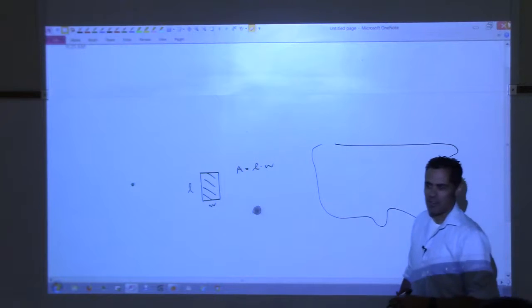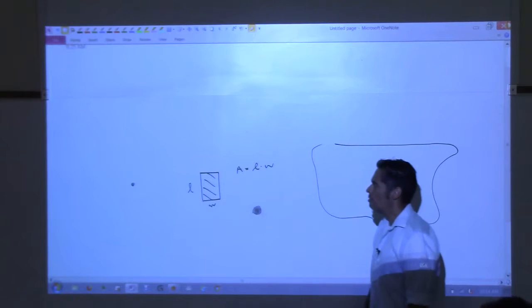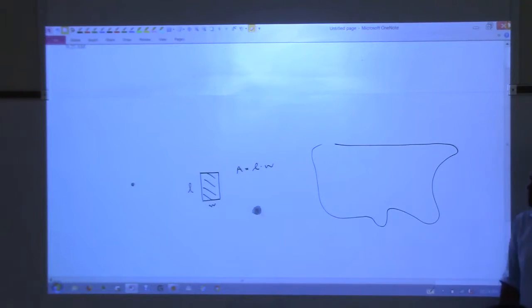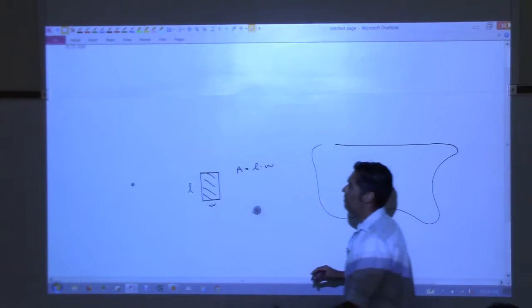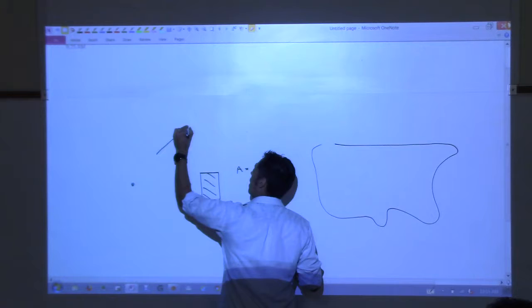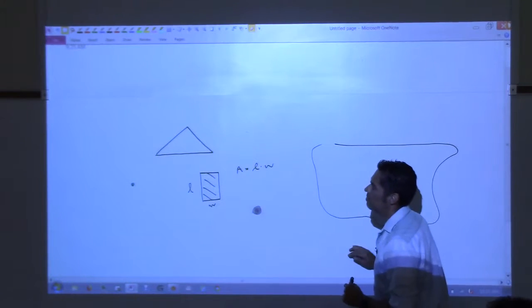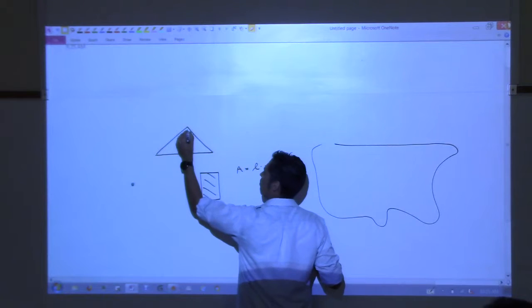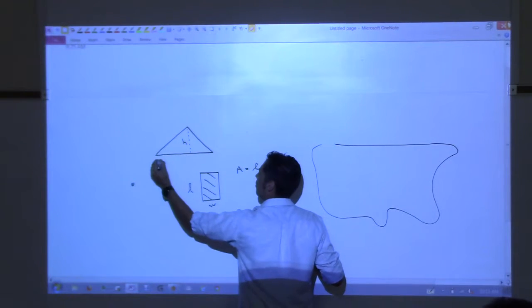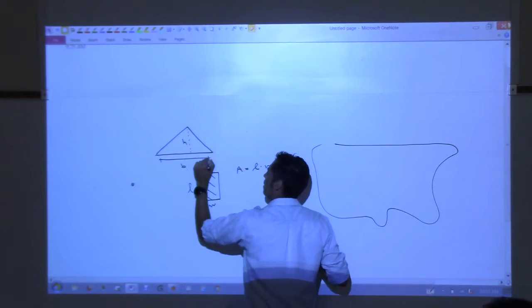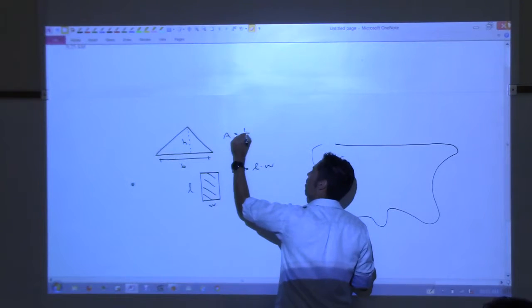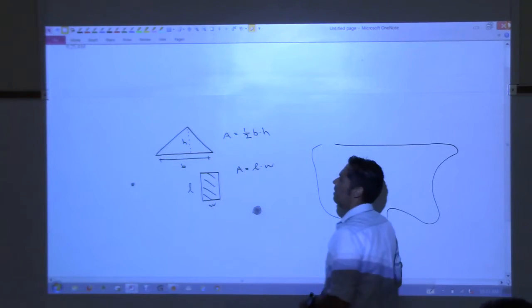Unfortunately, it's not always rectangular, right? So we need to be able to measure some more complicated shapes, areas of more complicated shapes. So maybe something that's like a triangle came into play. So what's the area of this? So, we discovered, well, if you can figure out the height and the base, then the area is going to be 1/2 base times height, and we're all good still.